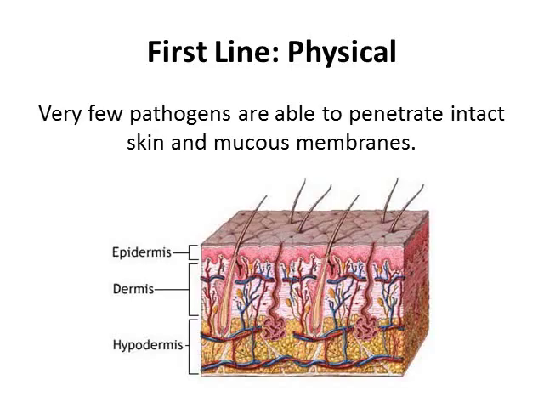Very few pathogens are actually able to penetrate intact skin and mucous membrane. For skin, it's really hard for pathogens to get in unless you have a cut or something like that. So this is our physical line of defense, the skin.